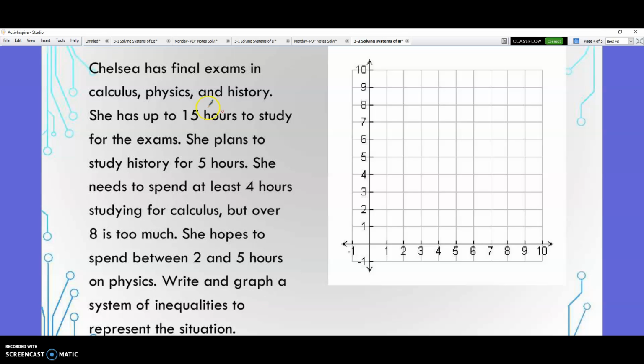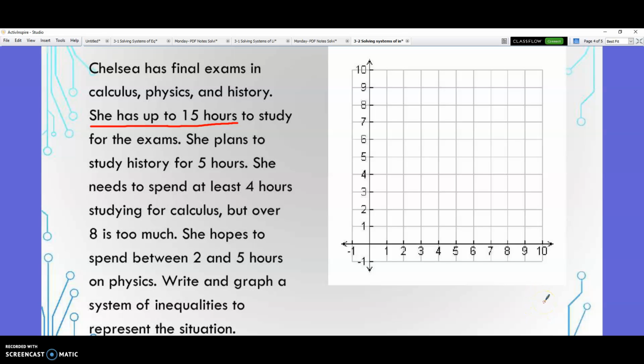Okay, so based on this information, we know that she has final exams in these 3 classes, and she has up to 15 hours to study. So up to 15 hours means that she can study less than 15 hours, but not more.